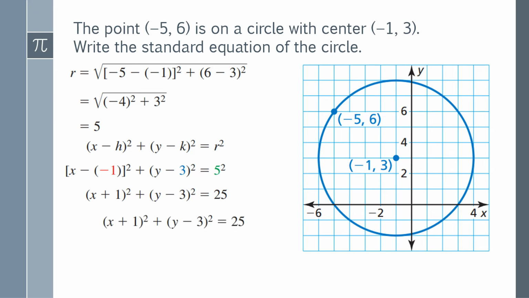And there we have it. You have the equation that you need. And again, that's the distance formula that we use to give us our radius. And our radius is the hypotenuse. And I'm finished with this problem.